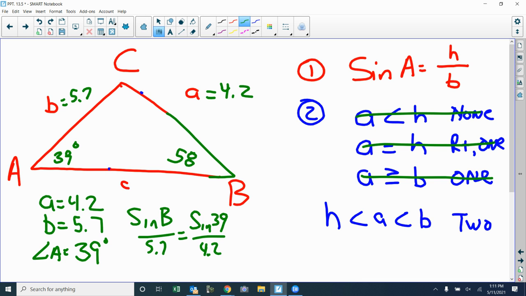I take sine of 39, hit enter, times 5.7, hit enter, divided by 4.2, hit enter, and then you want the inverse sine of that decimal to get you 58. You're finding an angle, so you need the inverse. Everybody get 58?